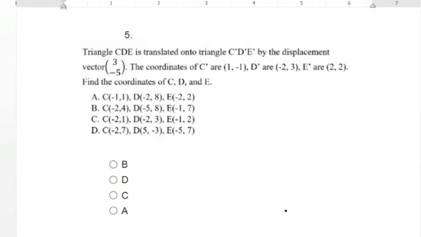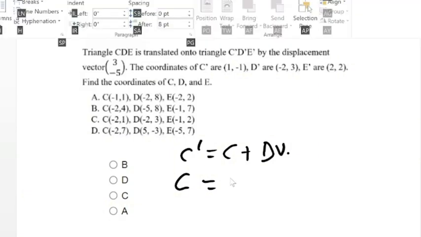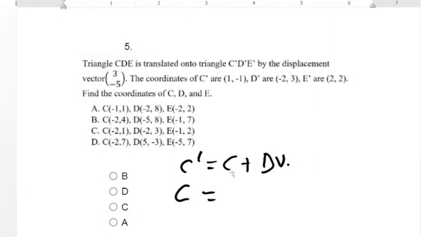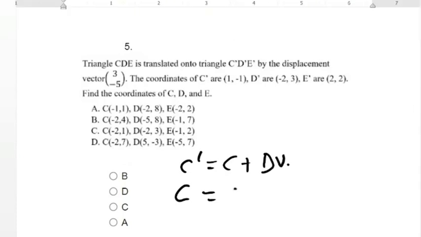So find the coordinates of C, D, and E. C prime equals C plus the displacement vector, so C will be C prime minus the displacement factor.